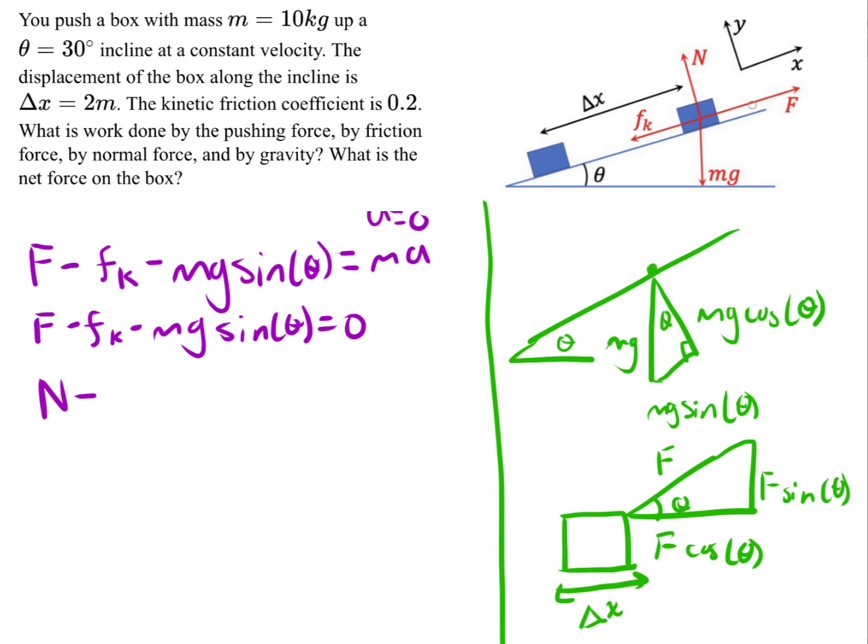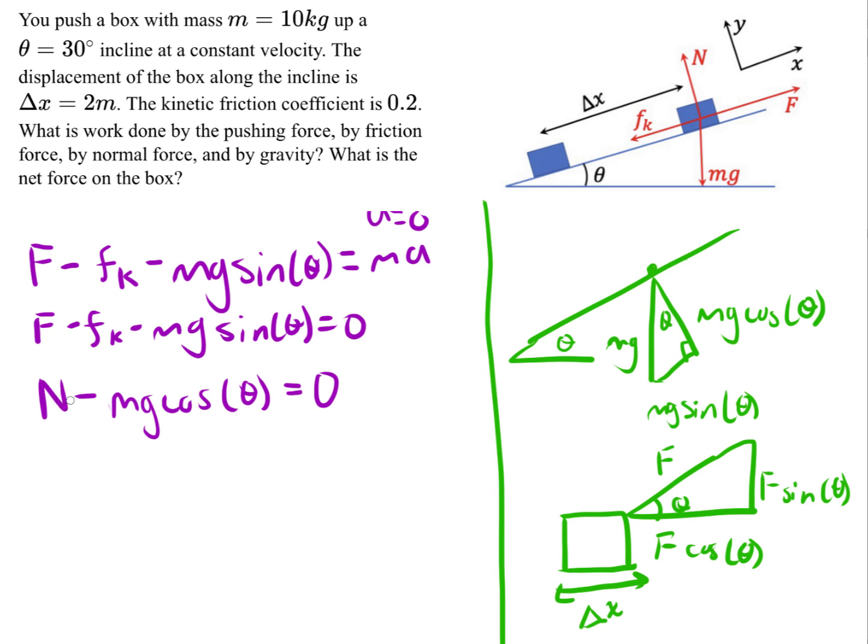The y direction is perpendicular to the incline. Minus mg times the cosine of theta. That's perpendicular, that's the one pulling in towards the incline. And again, this is equal to 0, since there is no acceleration at all.